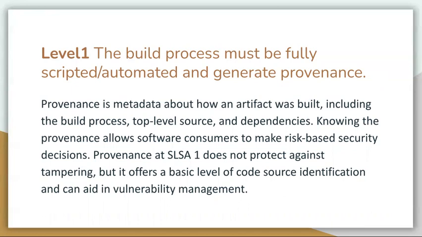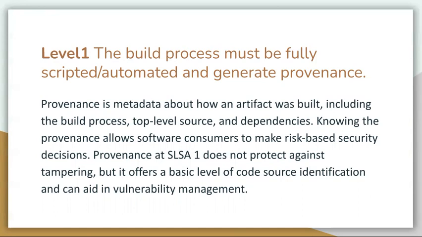Now, what is provenance? Provenance is the metadata about how the artifact was built, including what process you followed, the top level source, and the dependencies, because these are the things which are going to be creating your builds, right? Knowing the provenance allows software consumers to make risk-based security decisions. Now, provenance at SLSA 1 does not protect you against tampering, but it offers you a basic level of code source identification, and can aid in vulnerability management.